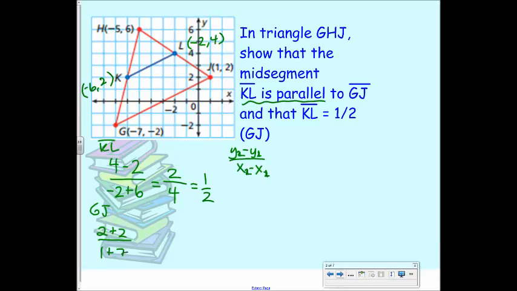And that gives you 4 over 8, which reduces to what? 1 half. So are those parallel? Yes. Okay, so there's your coordinate proof for the first part.